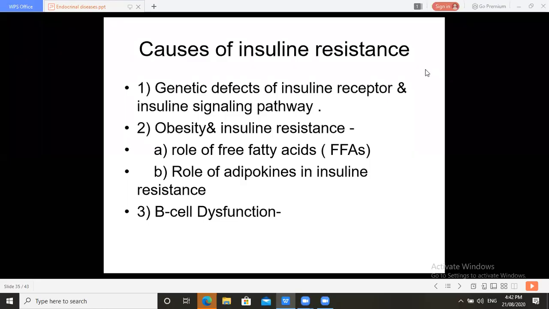Okay, so we were discussing type 2 diabetes mellitus. Now I am going to discuss its morphology. Okay, morphology of diabetes and its complications.